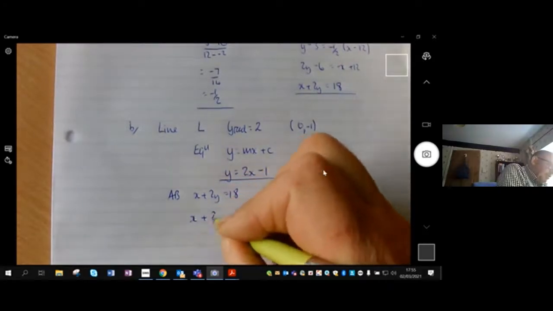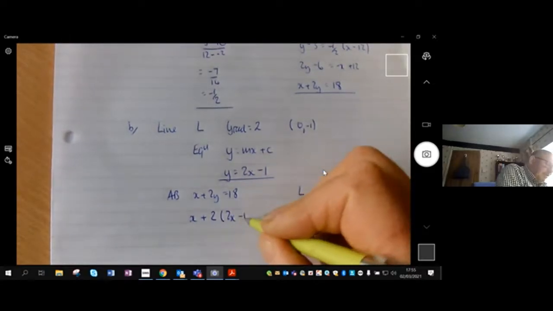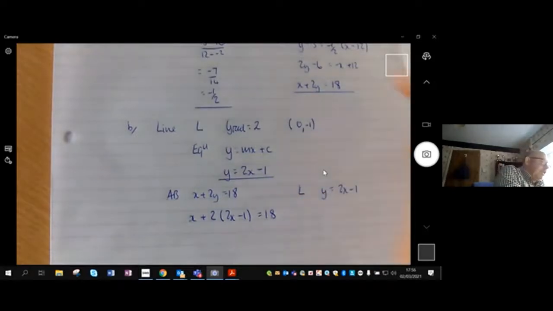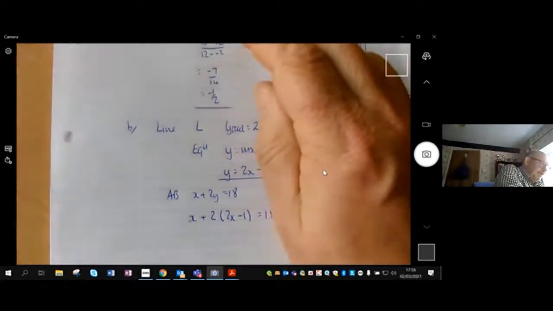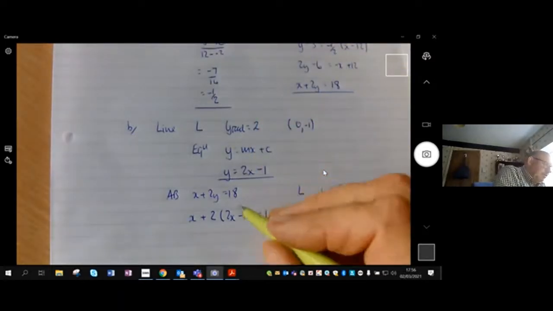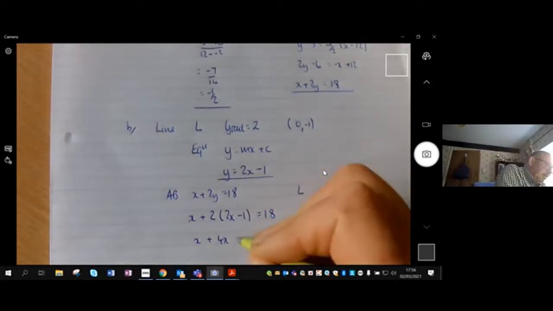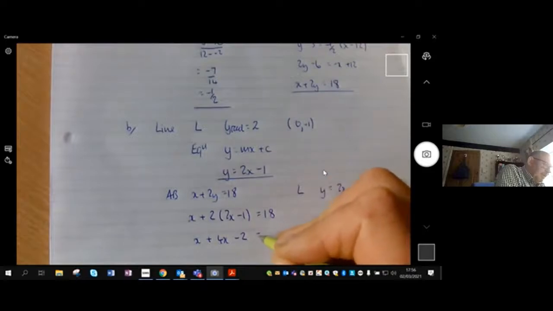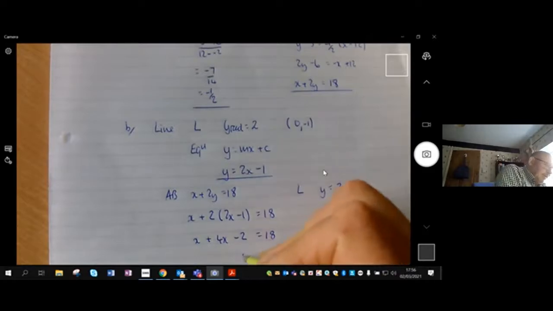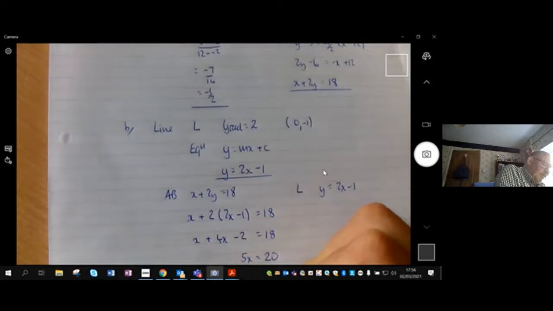That's how I would do it. x plus 2 times y, which is 2 times (2x minus 1), equals 18. And I'm looking for an answer of x equals 4. So x plus 4x minus 2 equals 18. 5x equals 20. x equals 4.